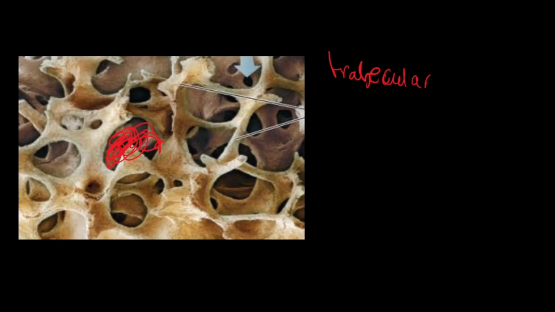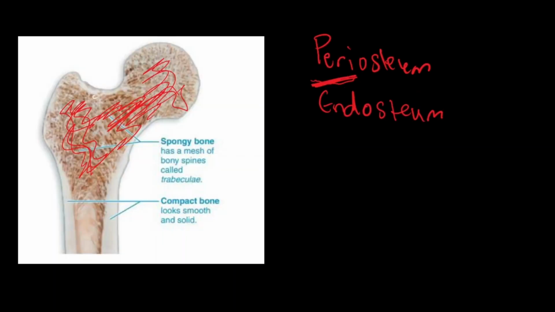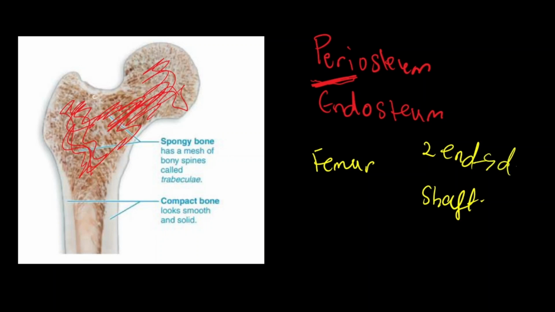Now let's take a look at the typical structure of a long bone. This is a long bone, and specifically this is the femur of the lower limb. We can see here that long bones generally have two parts: two ends and a shaft. In some texts, these two ends are called the epiphysis, and the shaft is called the diaphysis.